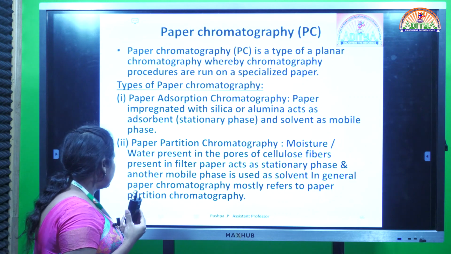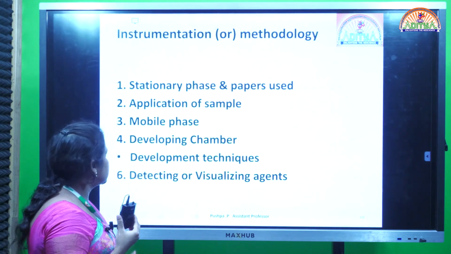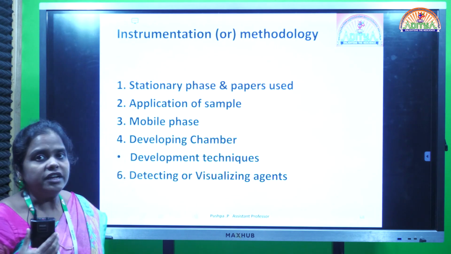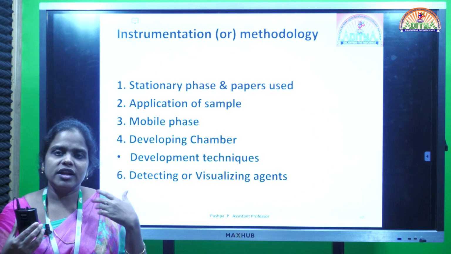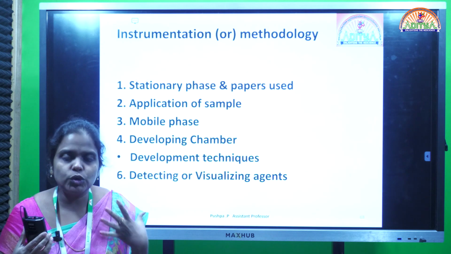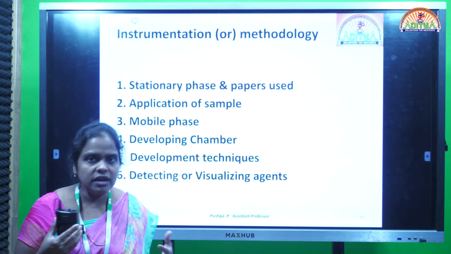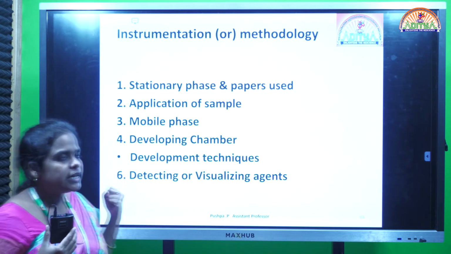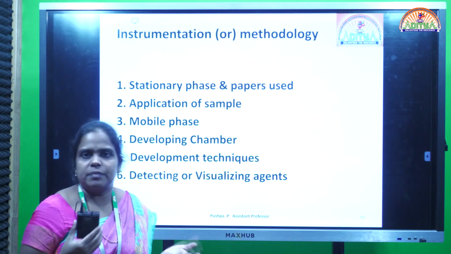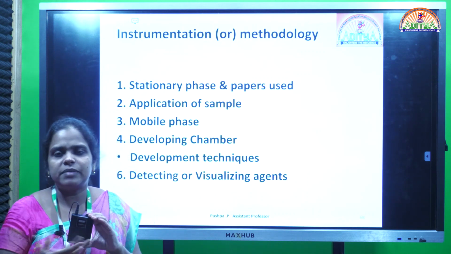Next, coming to the practical requirements, what are the different parts required to do the paper chromatography technique, we will see now. First of all, we need the stationary phase on papers. That means on the paper only we apply the stationary phase.